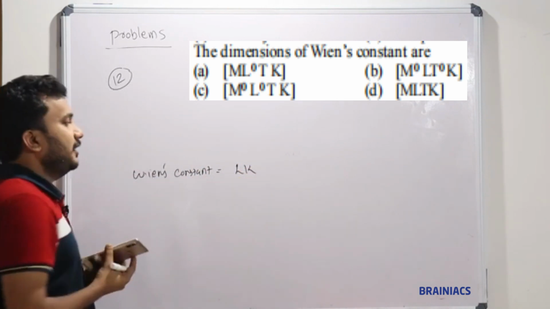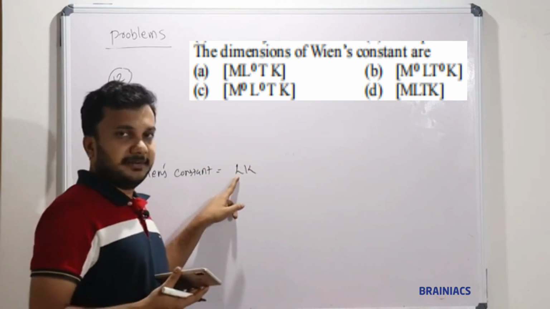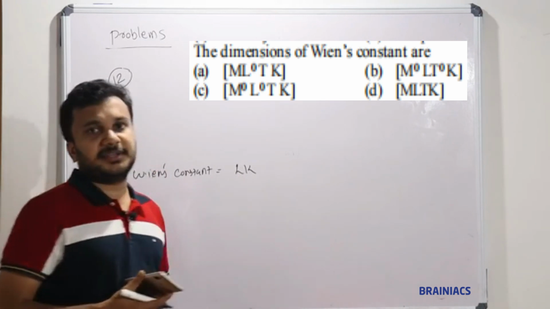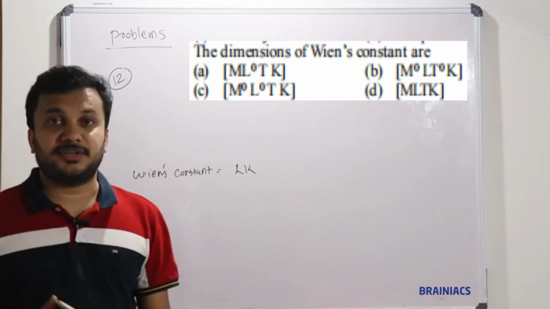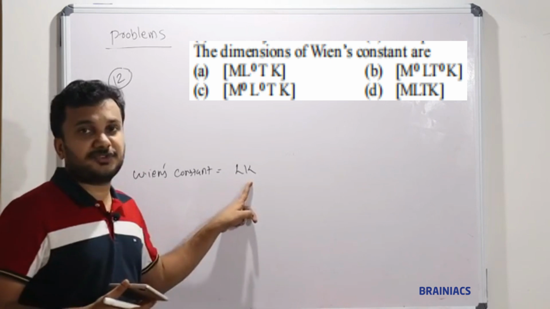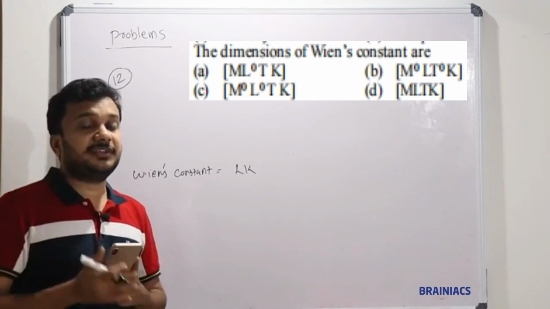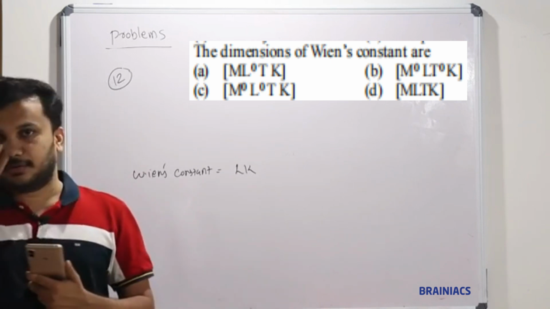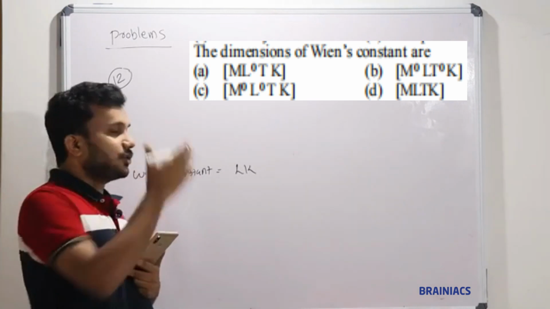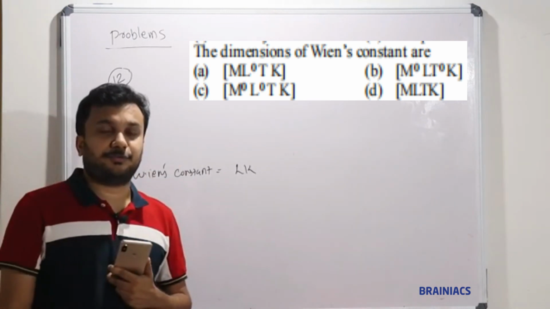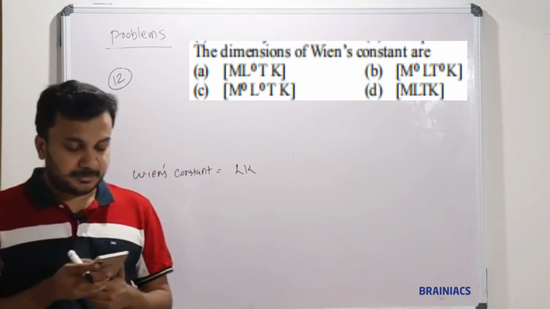Remember like this. Here L is length, meter, and K is Kelvin, temperature. The unit of temperature is Kelvin, and the dimension formula is K. Wien's constant, you will learn in further physics, and it has a dimension formula of LK. Remember this one.